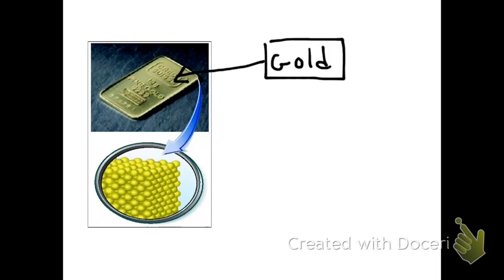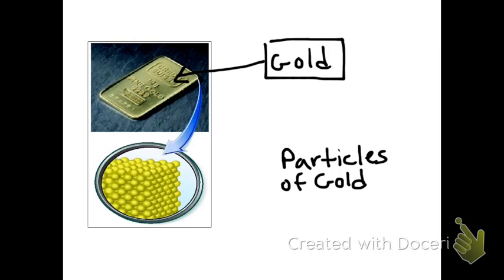And those elements that are submicroscopic, that are very, very small, are composed of the element known as gold itself. So we can consider that we've made a model of particles of gold, or elements.